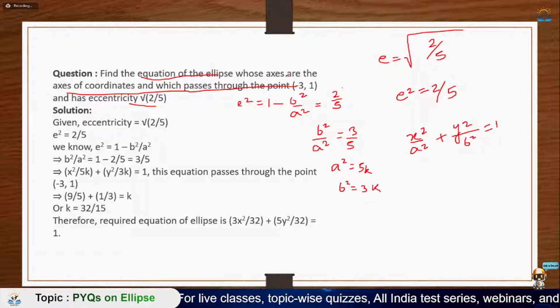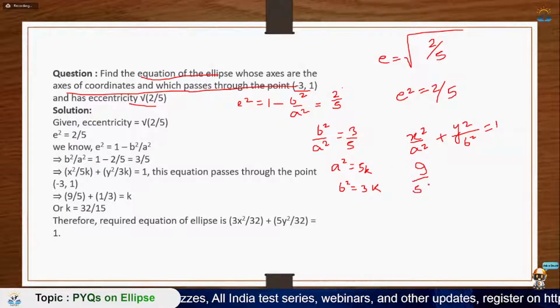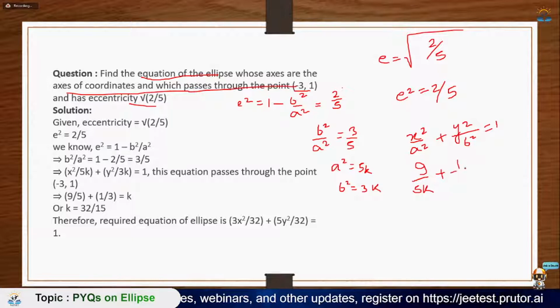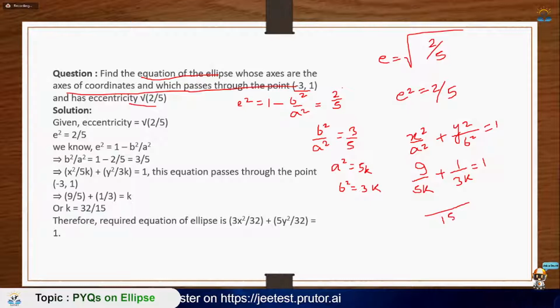ओके, और मेरे को एक पॉइंट दिया हुआ है -3,1. सो मैं वो यहाँ पे पुट कर देता हूँ. तो 9 अपॉन a square is 5k plus y square, y is 1, so 1 upon b square, and b square is 3k, is equal to 1. So this thing overall is how much? 15k.